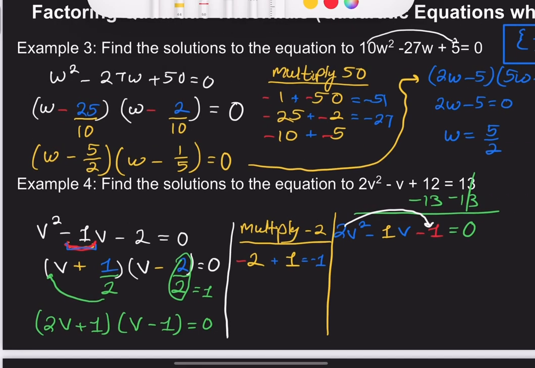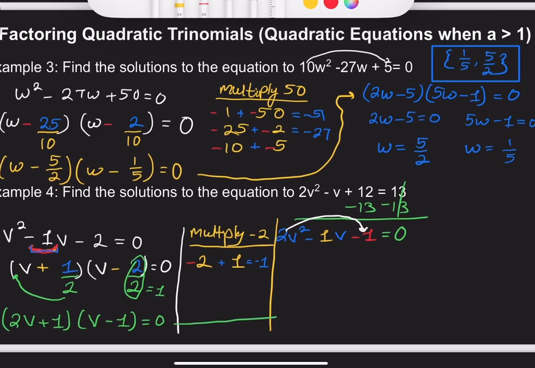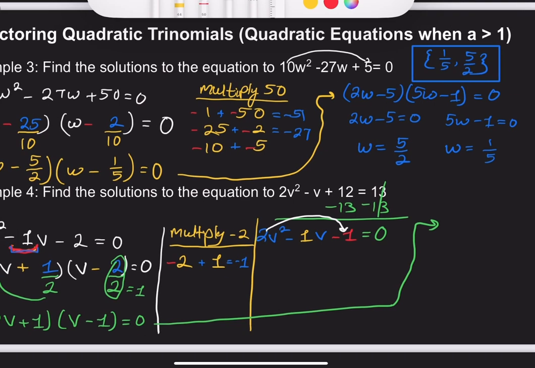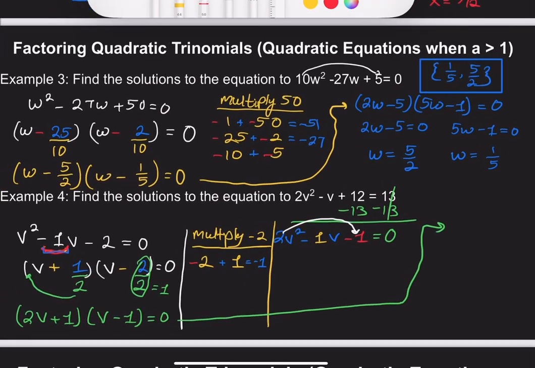And then last but not least, we can use our zero product property. I'm going to go over here to the right side. Zoom out just a little bit for the zero product property. So let me erase that actually. We just can go over here. So that's 2v plus 1 equals 0.